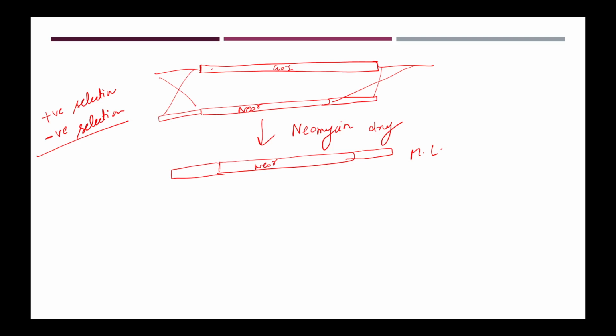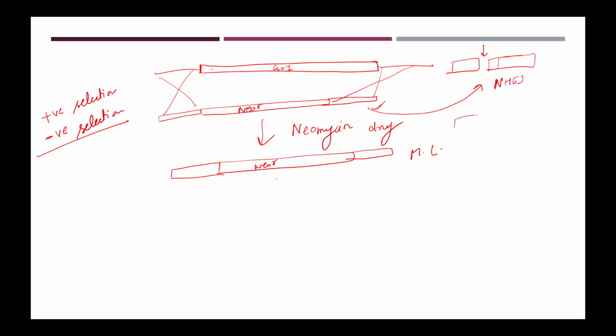But then there is also a chance of random integration. Okay, so for example, these are the targeted crossovers. Because of that, these particular things are getting integrated to the chromosome. But also there is a chance that, suppose, a random break is present in your genomic locus. So apart from this site, this particular construct will also get integrated here with non-homologous end joining, where there is no need of any homology.